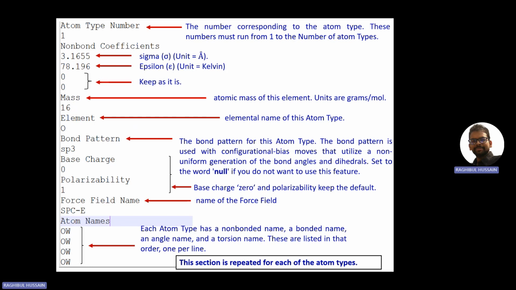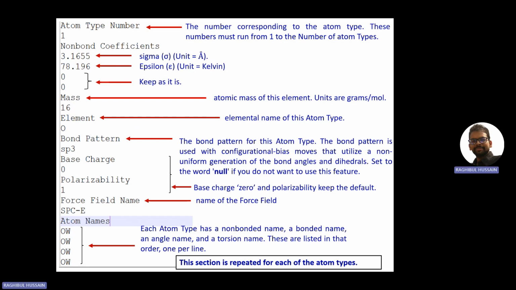We need sigma and epsilon. The first line will be sigma. This format is fixed. The first line is always your sigma, and the unit is angstrom. In your case, sigma is given as 3.166.